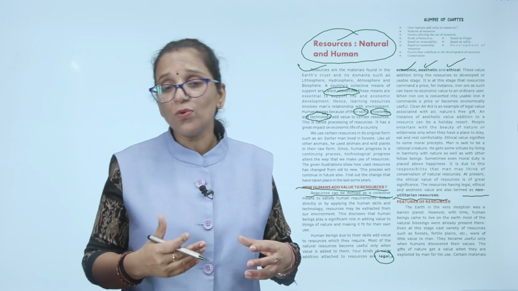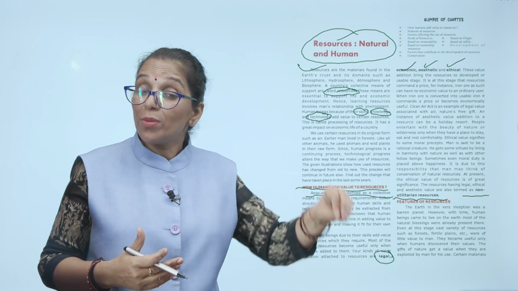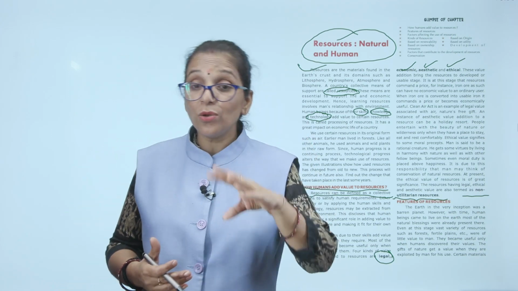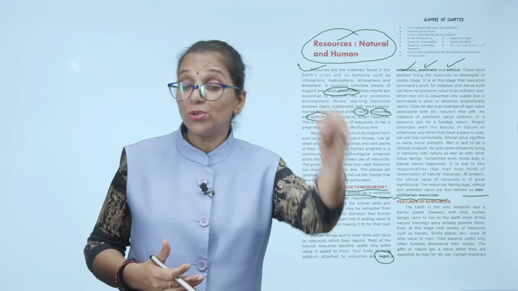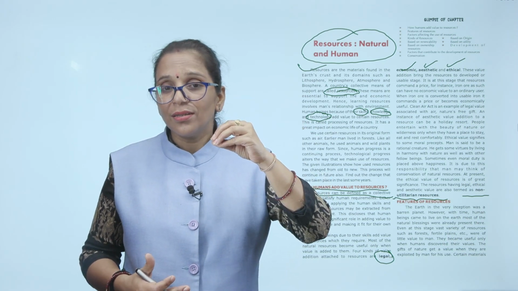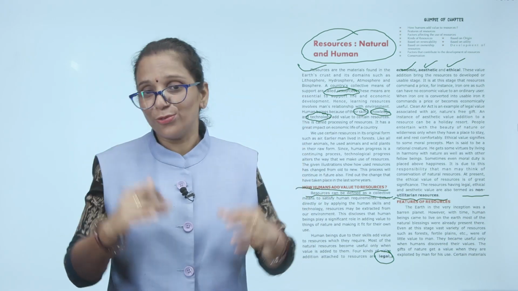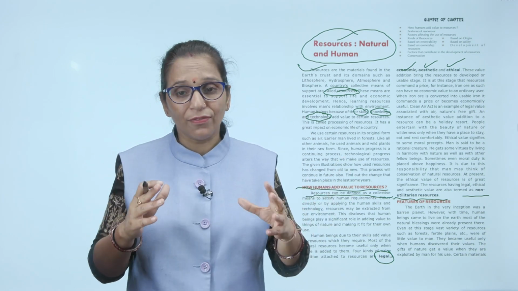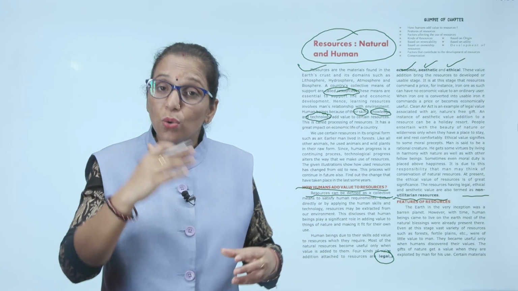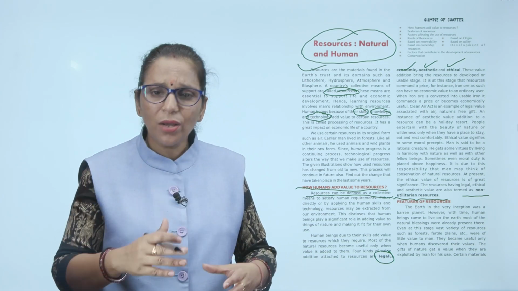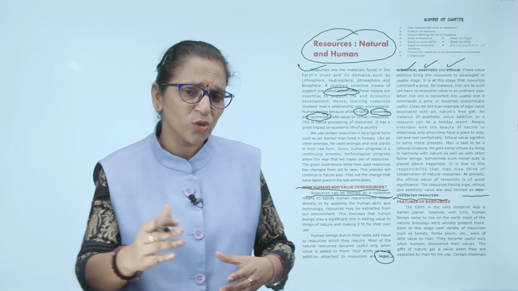They became useful when humans discovered their value and changed them to satisfy their needs. So that's why nature is giving us a free gift. But now it is man who has to decide whether to use the resources properly or to over-exploit them.